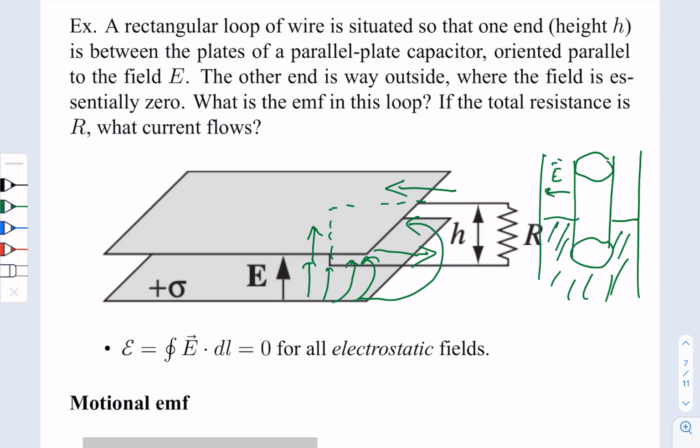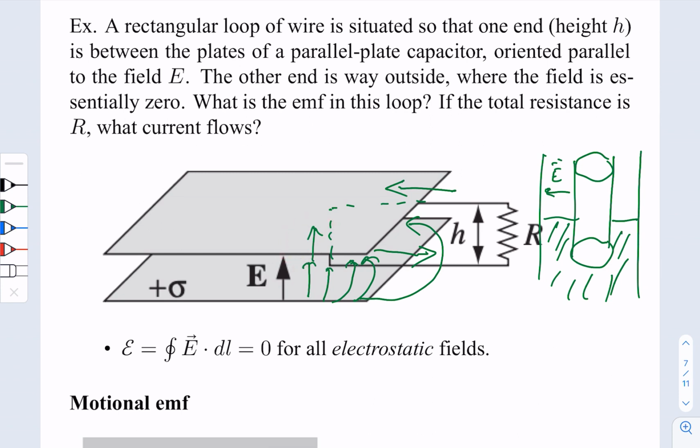Even though the majority is along the direction here, this is long enough, and somehow magically the contribution of the fringe field from these two combined together must exactly cancel out the contribution that the E dot L you get over here.